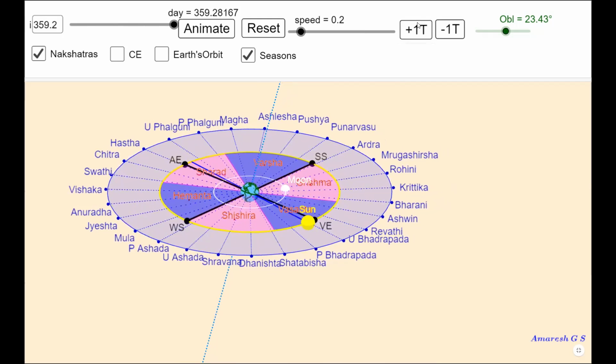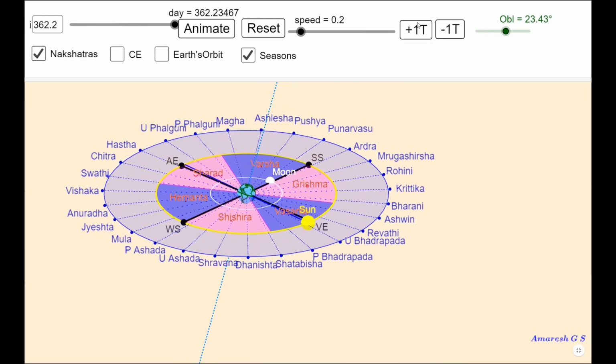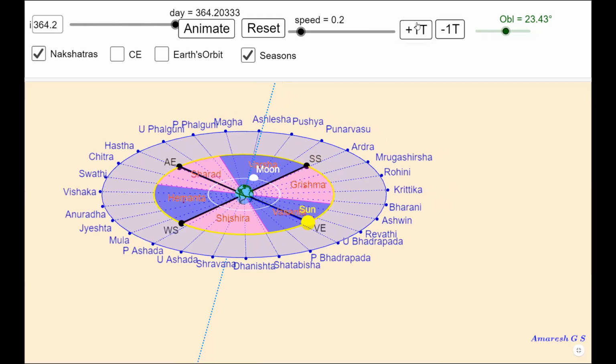And at the end of Madhu, the sun would arrive at the point of vernal equinox. When it matches the point of vernal equinox, that duration is the duration of the tropical solar year.